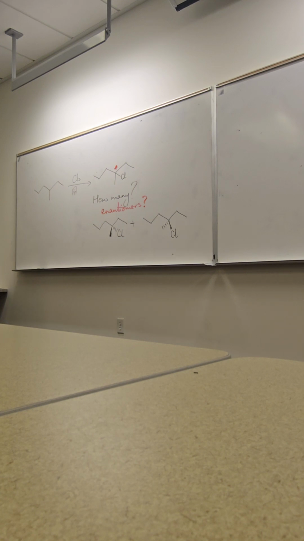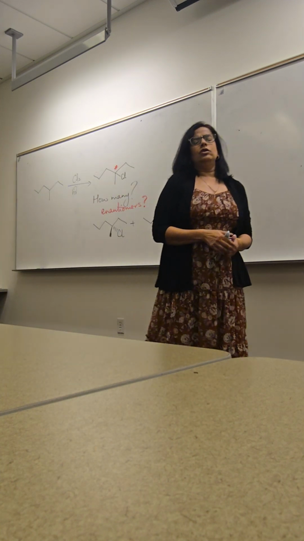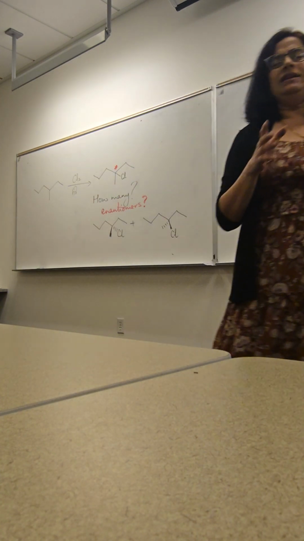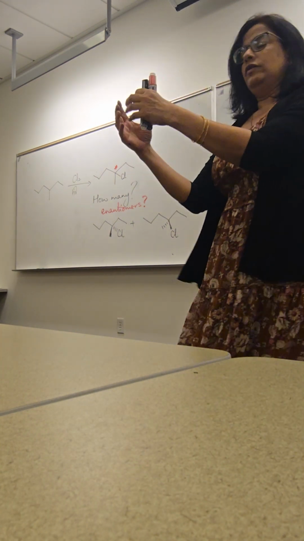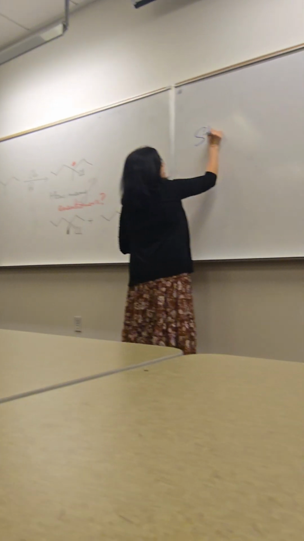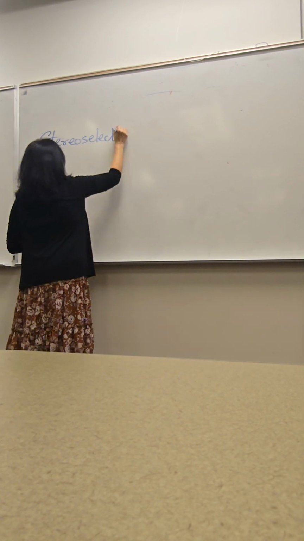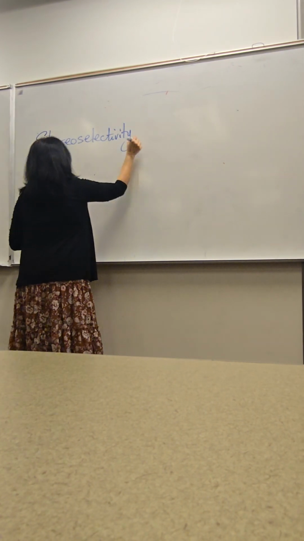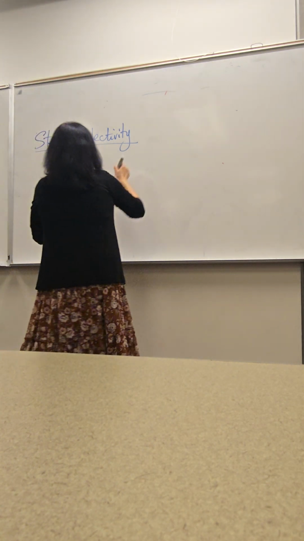Okay, question. We introduced a word on Monday called regioselectivity, which means selectivity or preference for one regioisomer over the other regioisomer. Here's another word for us to get really comfortable with, and that is stereoselectivity. What does that mean? What do you think that means?